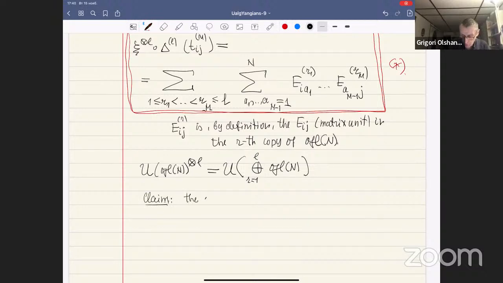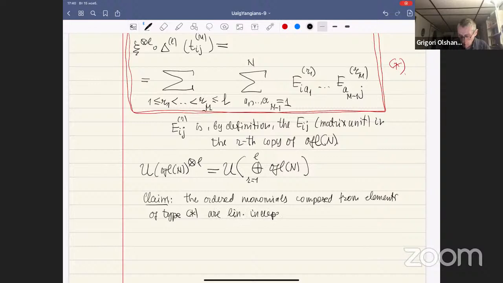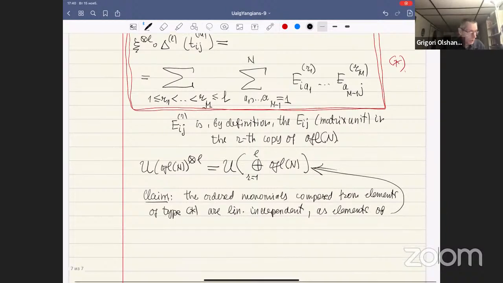The ordered monomials composed from elements of this type are linearly independent as elements of this algebra, this universal enveloping algebra.